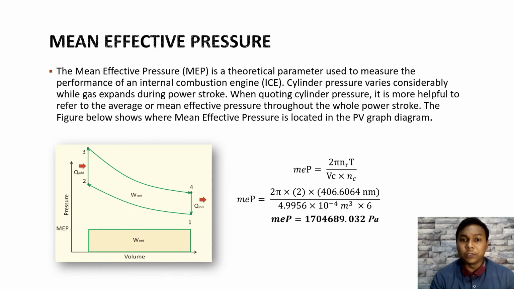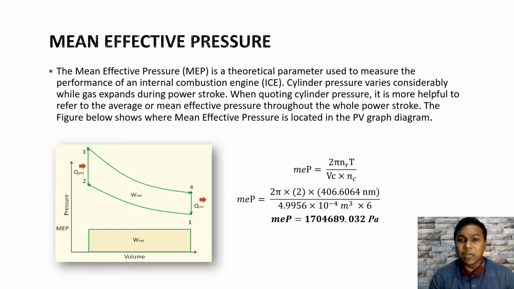The mean effective pressure can be regarded as an average pressure in the cylinder for a complete engine cycle. By definition, mean effective pressure is a ratio between the work and engine displacement. For our engine, which is a multiple cylinder, we have to take into account the total volumetric capacity.